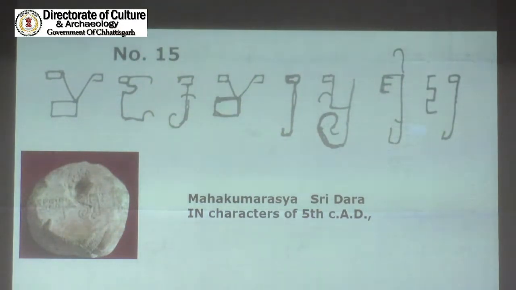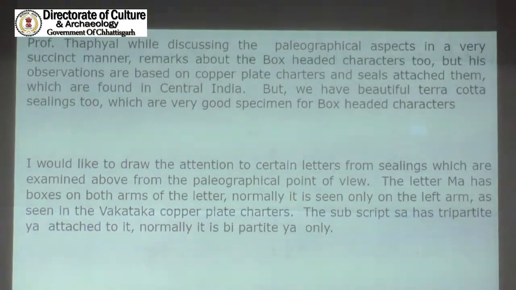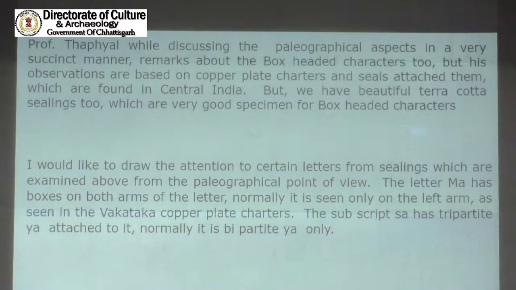So these are all the sealings. Just to show, when you read the book, Professor Tapyal, while discussing paleographical aspects in a very succinct manner, remarks about box-headed characters too, but his observations are based on copperplates.